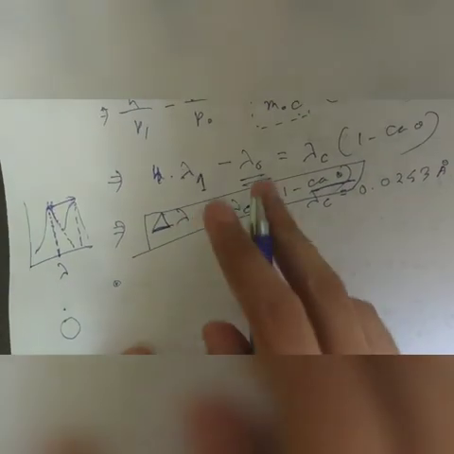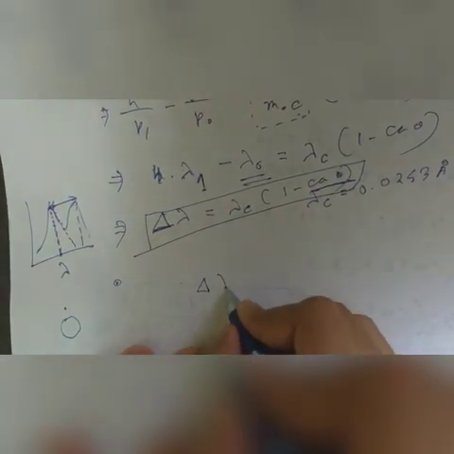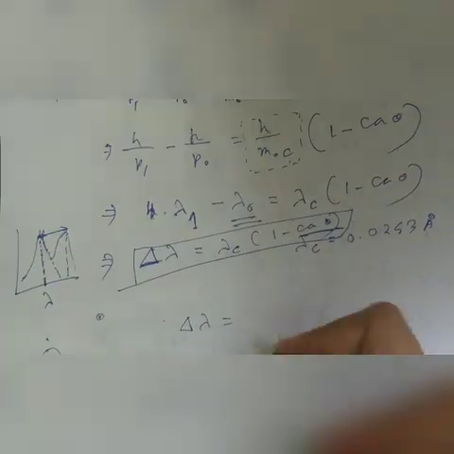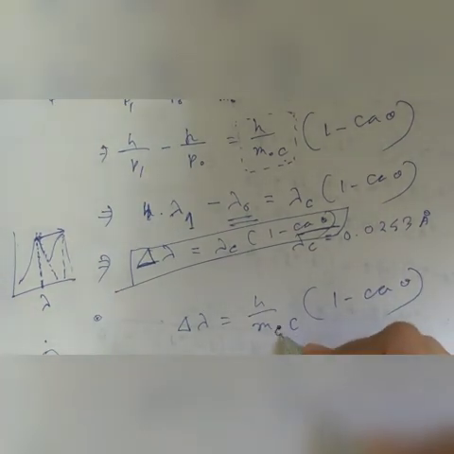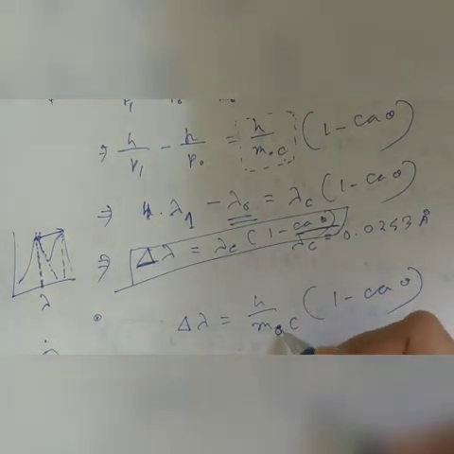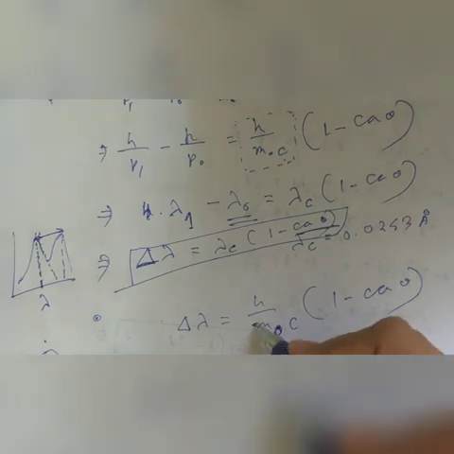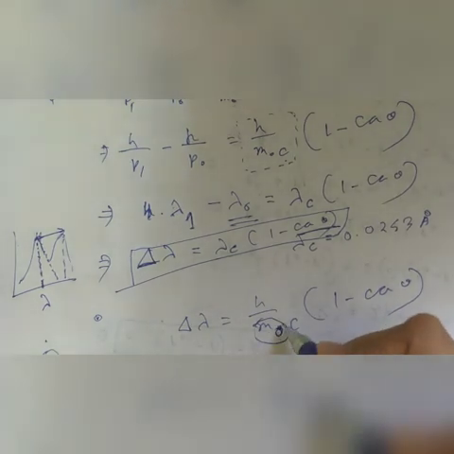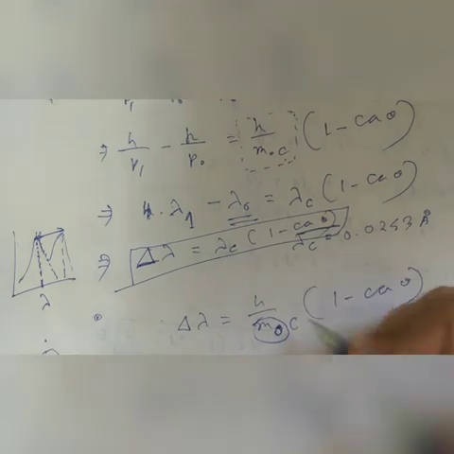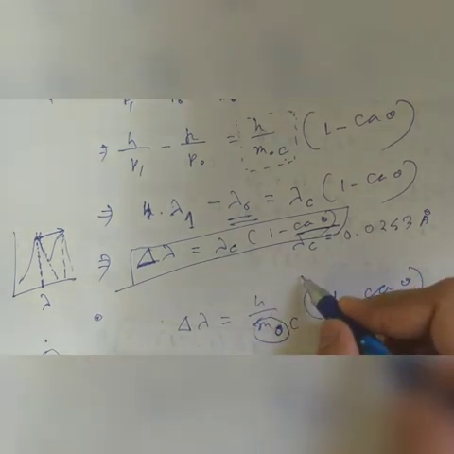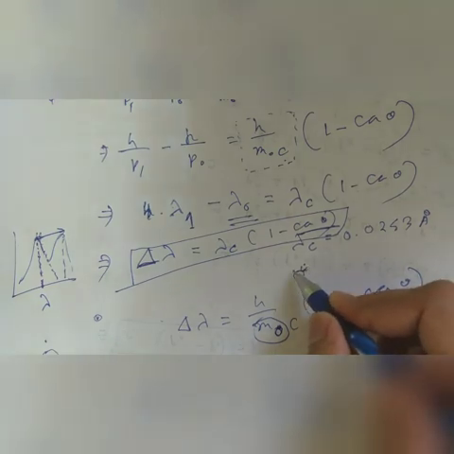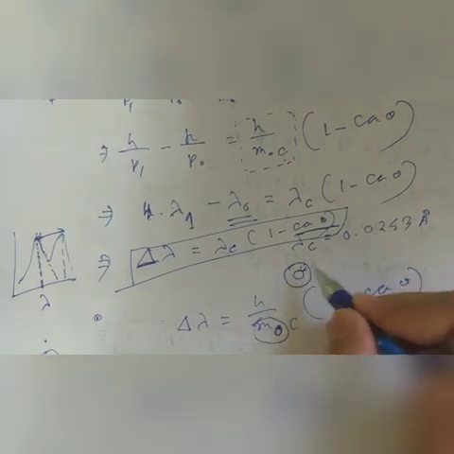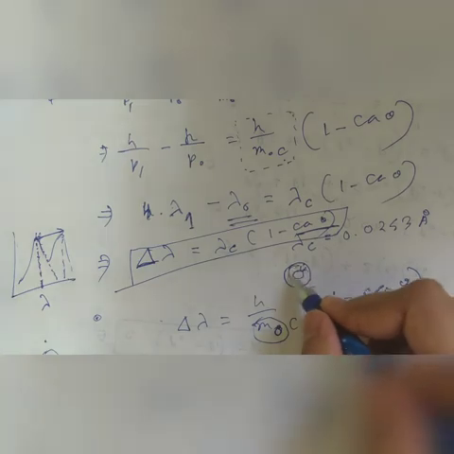So in the derivation, delta lambda equals h by m naught c times 1 minus cos theta. In that case, m naught is not the mass of the electron but the mass of the whole atom, because the electron is bound to the parent atom, so the whole atom acts as a particle here.